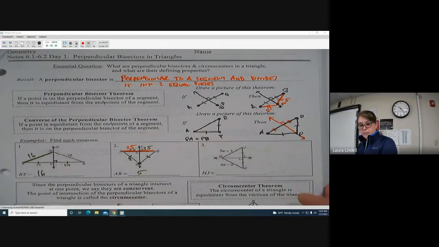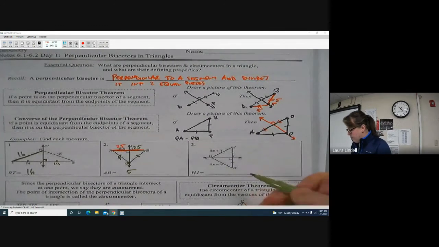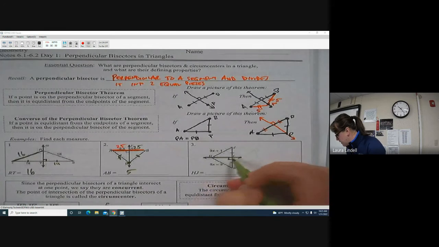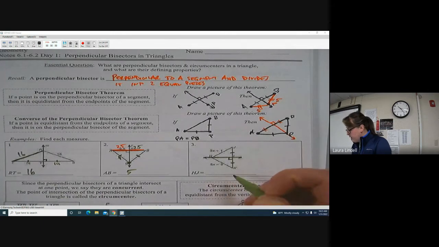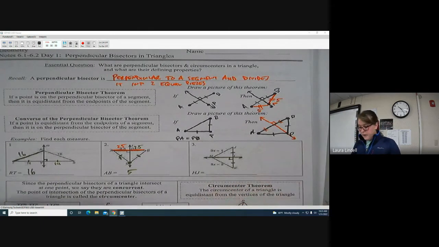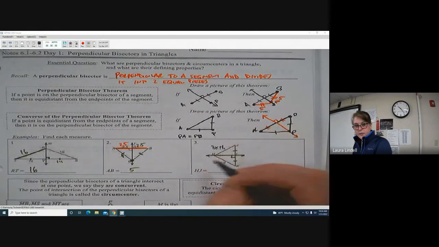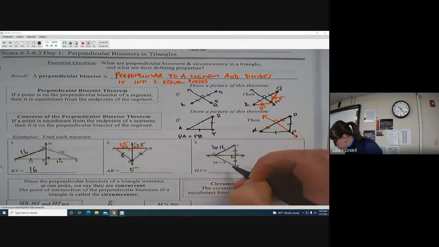Now we're going to step it up just a little bit over on the third one. First off, we know that this is the perpendicular bisector because it's got the little right angle marker, and these two segments are equal. So that tells me that this 3x plus 1 right here is going to be the same distance as this.